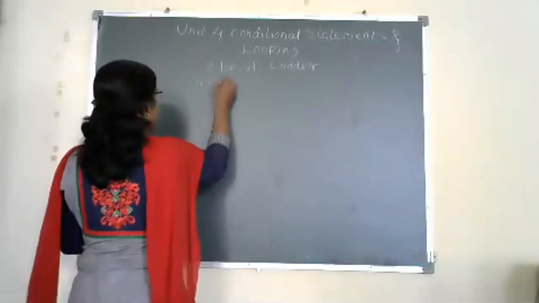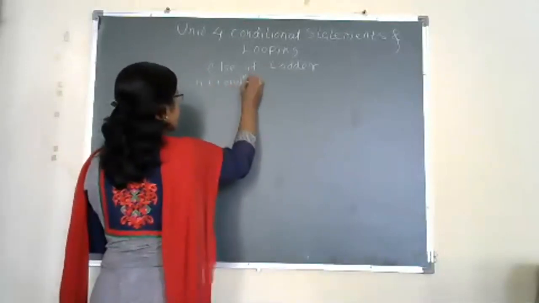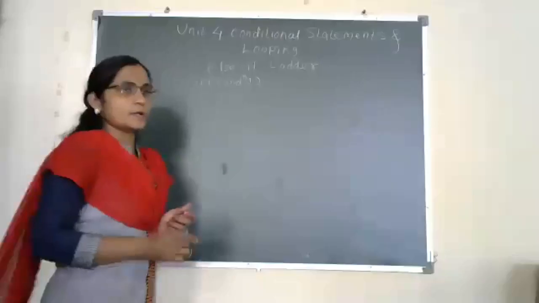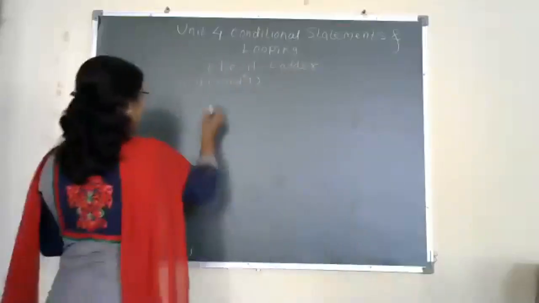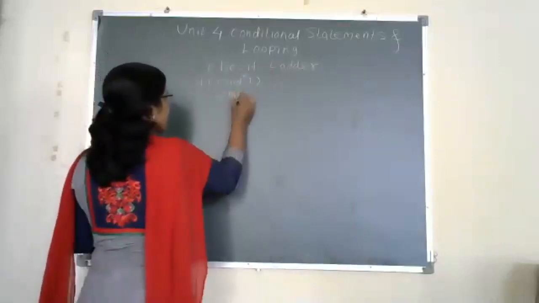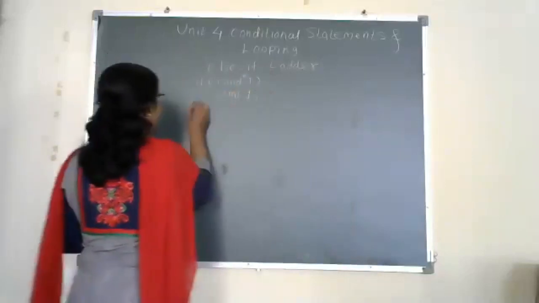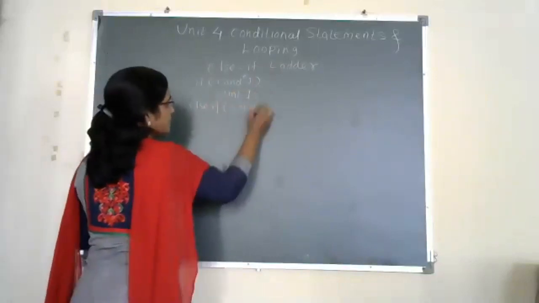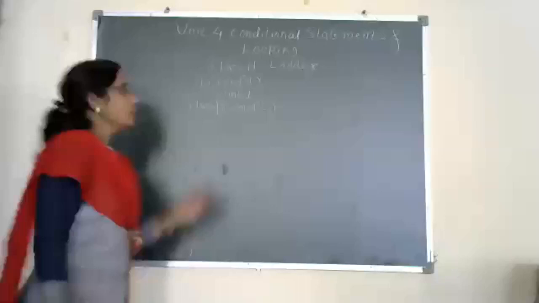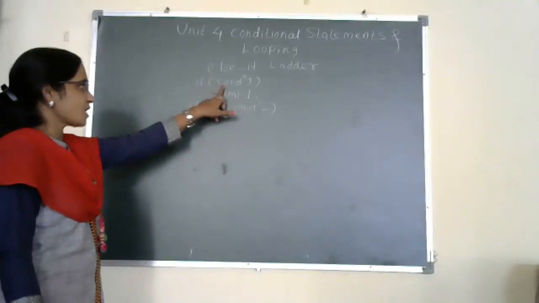What is the syntax? The syntax is: if condition 1. First of all, we have to check the first condition, that is condition 1. If condition 1 is true, then the statement 1 block will be evaluated. Otherwise, you have to check another condition, that is condition 2, with else if.